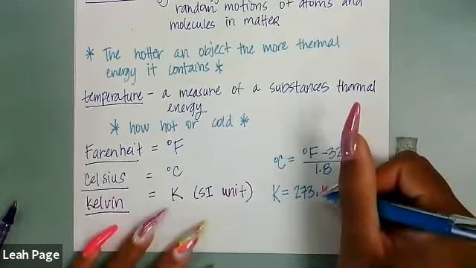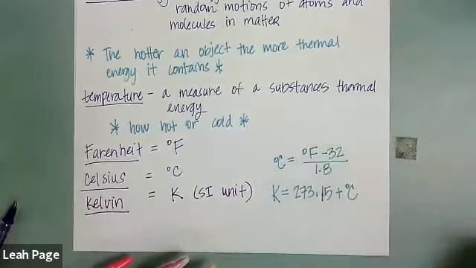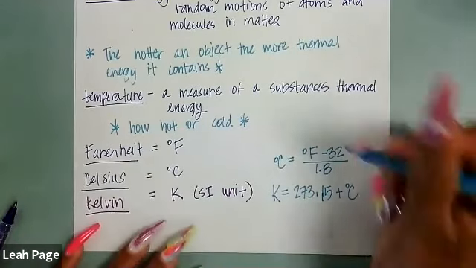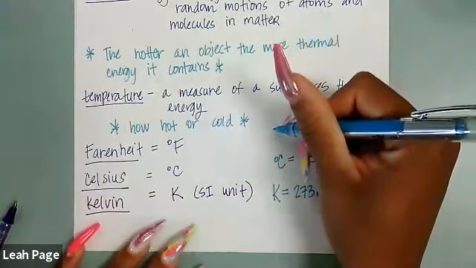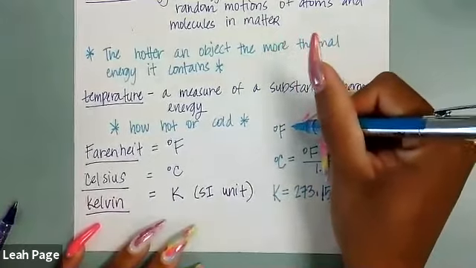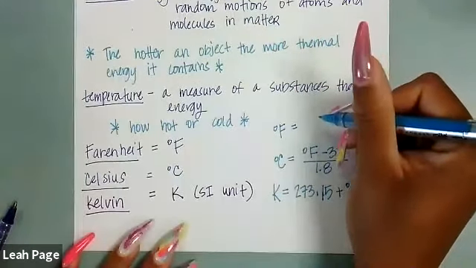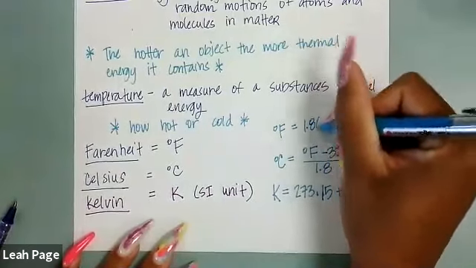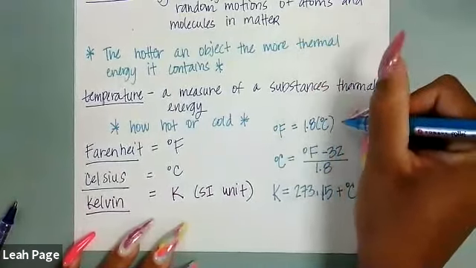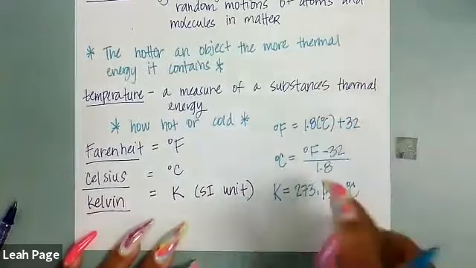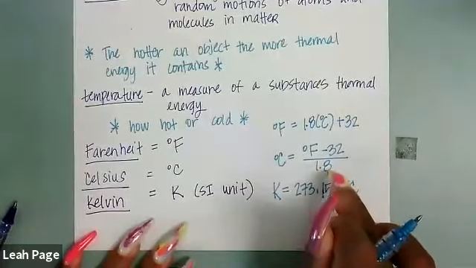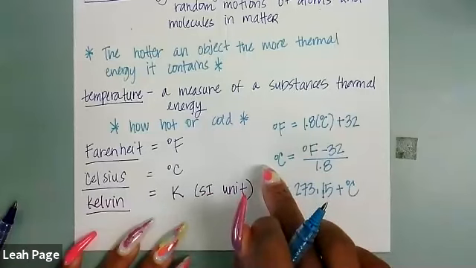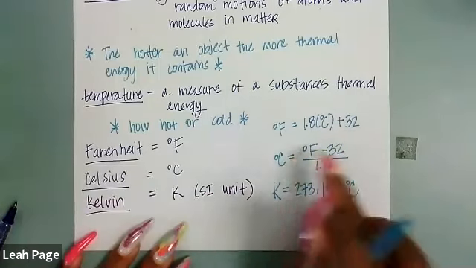Yes, 273.15. And if we want to know the degrees Fahrenheit, we'd say degrees Fahrenheit is equal to 1.8 times degrees Celsius plus 32. It's just basically this equation rearranged. We multiply 1.8 by both sides, and then we added 32 to both sides.